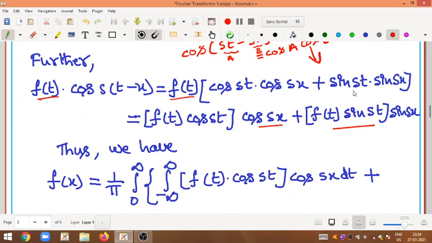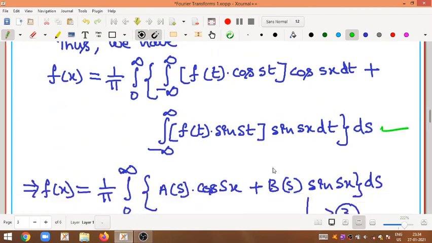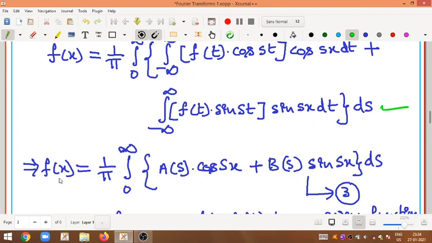The sin sx will come for both terms, multiplying into ds.